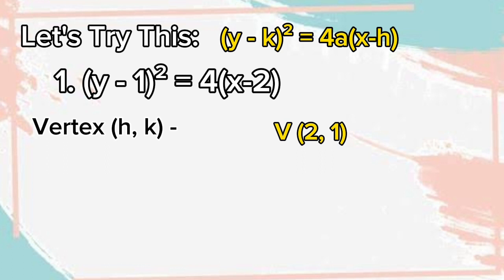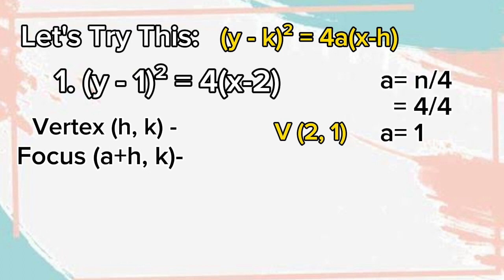Now let's find the value of our focus. Same process as with the center at the origin. We need to find the value of our a, which is 4 over 4. So 4 divided by 4 is 1. We have the formula for finding our focus, which is a plus h and k.